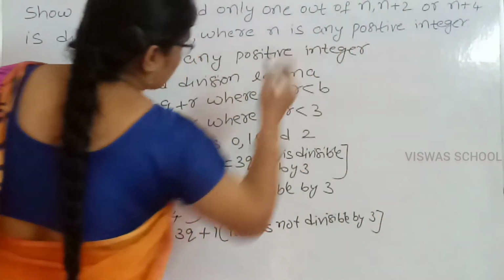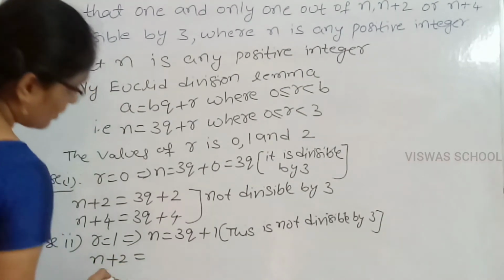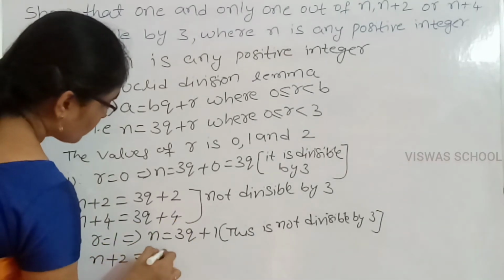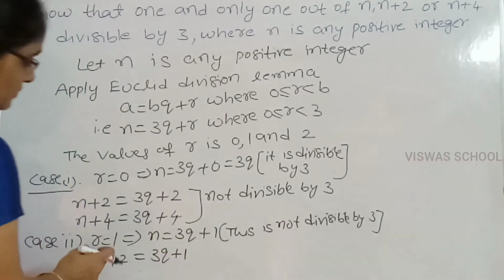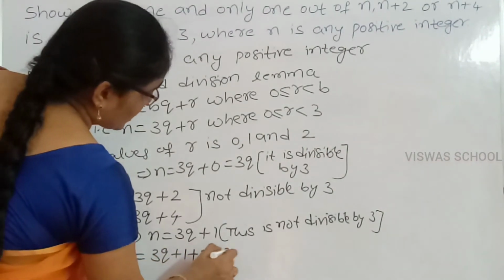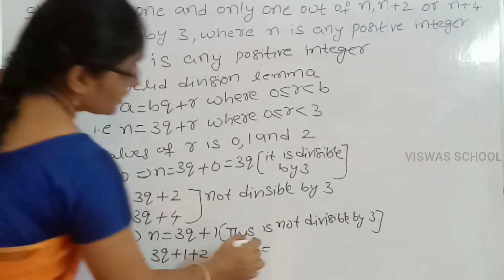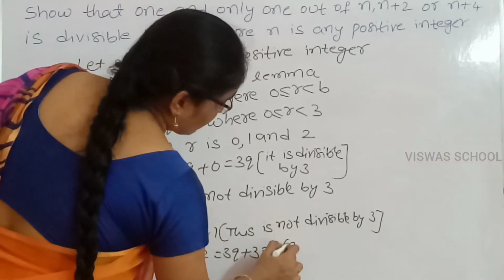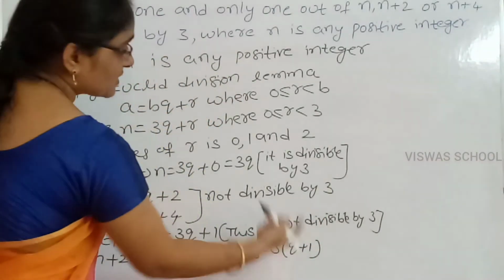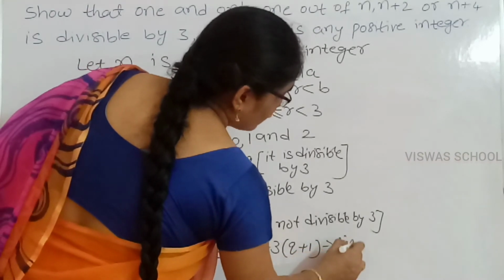Next, n plus 2. What is n value here? 3q plus 1, and here we have plus 2, that is 3q plus 3. In these two, take 3 as common. Now it is 3 into q plus 1. That is, it is divisible by 3.